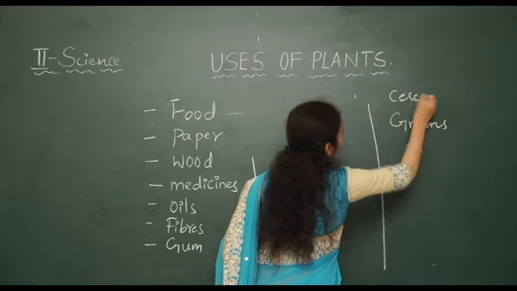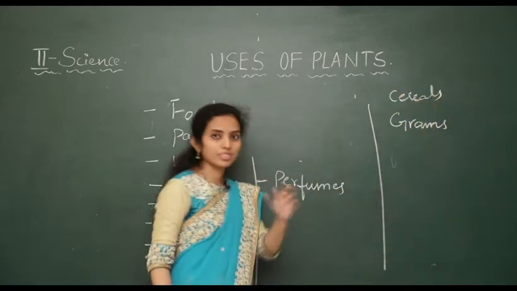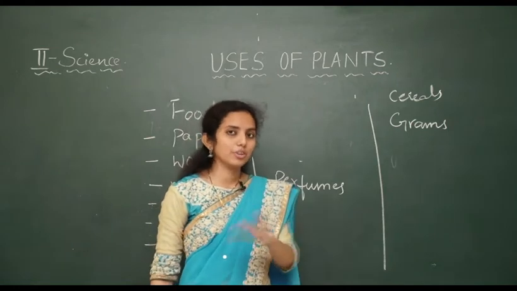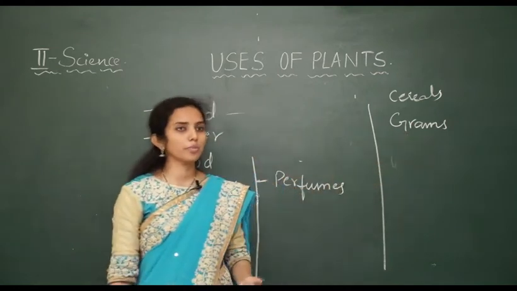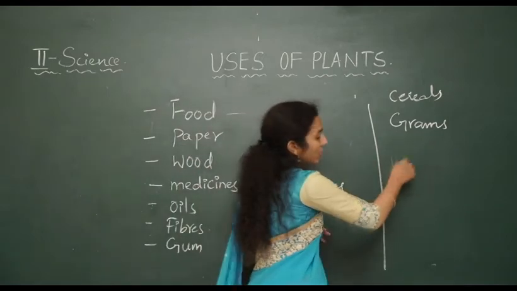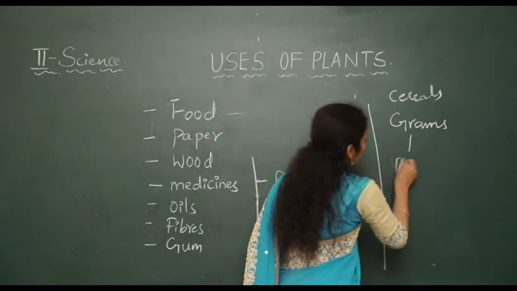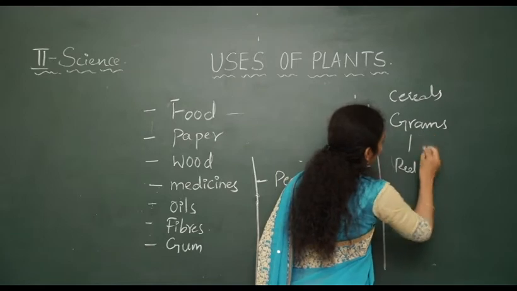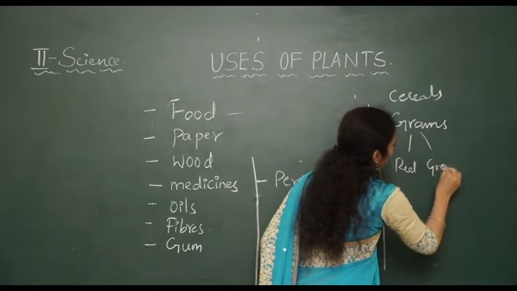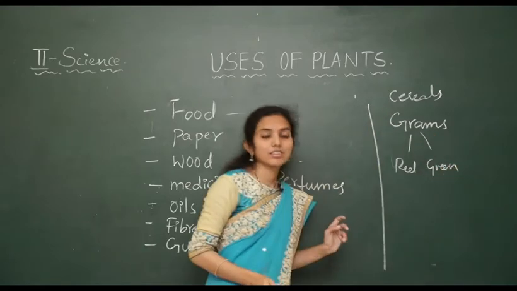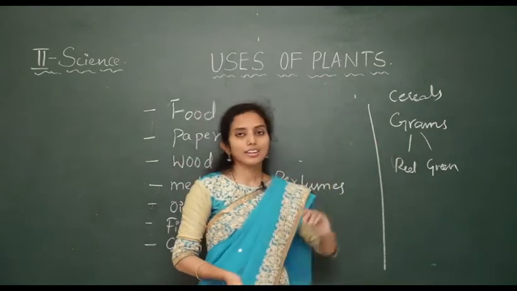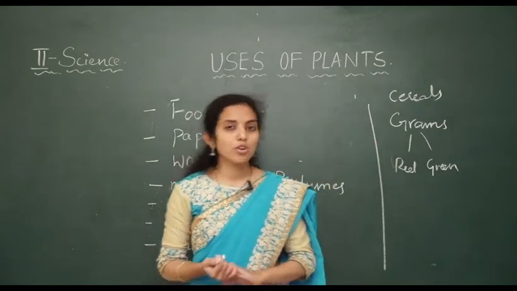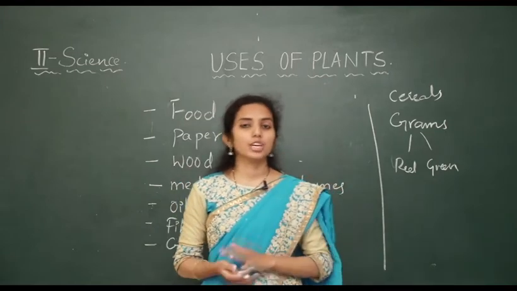Cereals are different types of seeds which are to be a little bit refined and used, and grams we can directly use for cooking purpose. And what are grams? Red gram, green gram, kidney beans, peas, lentils, all this comes under grams. So grams are also very rich in proteins.